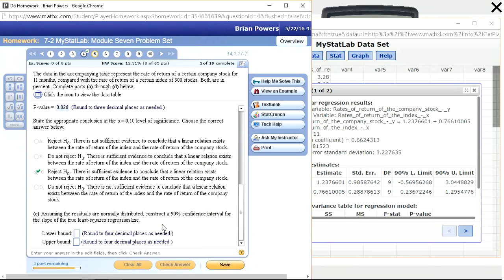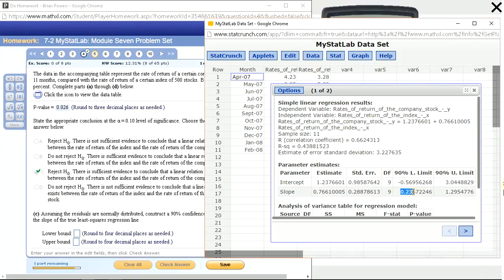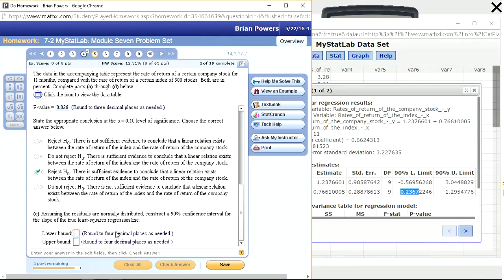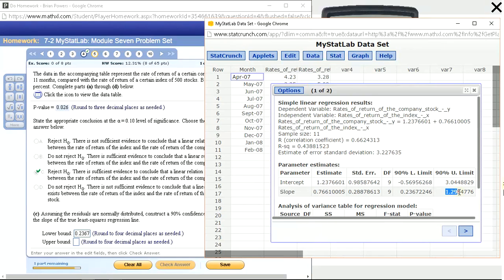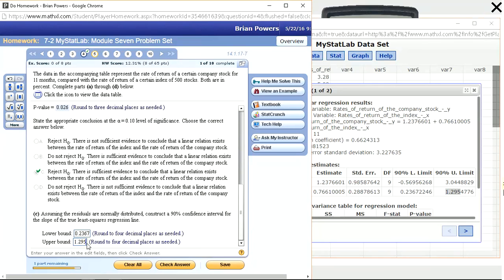For the slope, the 4 decimal estimate, I'll just copy it right there. And I'm going to round that up to 1.2955.